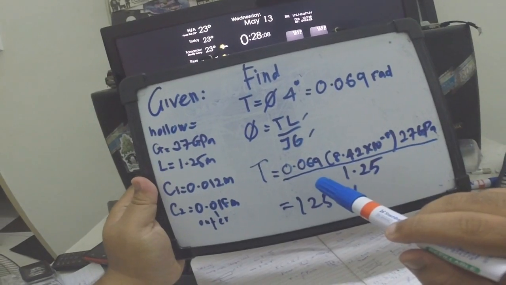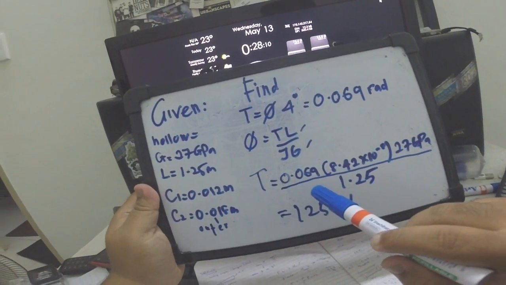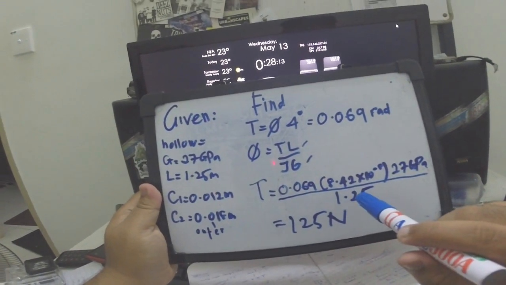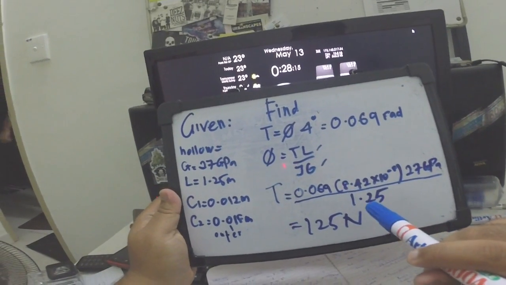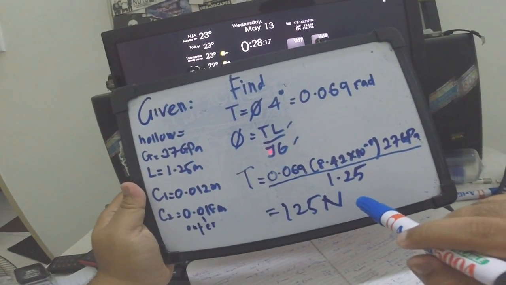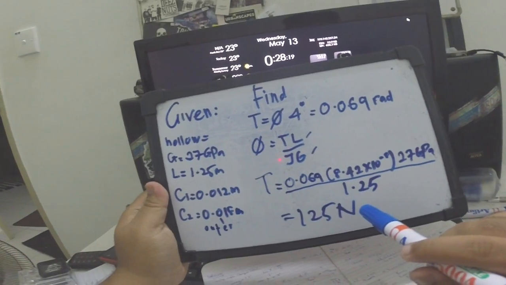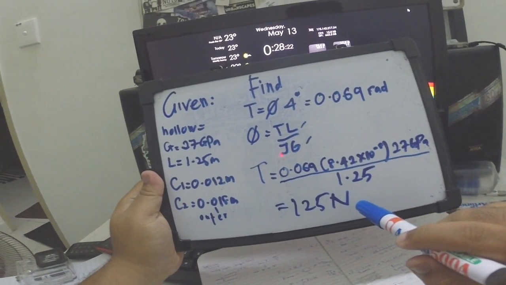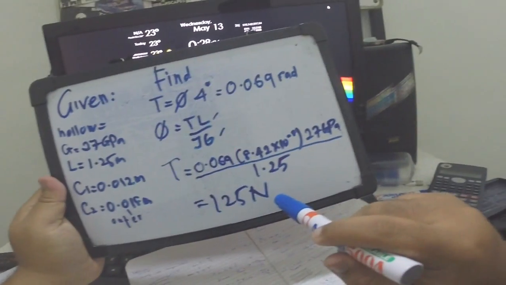Then after we get the J value, all we have to do is insert all the values according to the formula, and for the final answer for the torque value, we get 125 Newton.